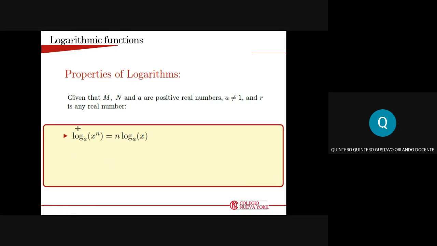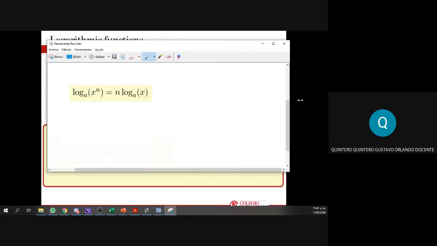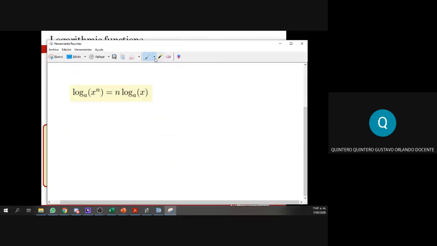This is the first property. Let me explain it and do an example of this. This property explains the following. Whenever we have a logarithm, doesn't matter the base, but inside the logarithm, in the parentheses, we have a power, a base and an exponent, we can transform that.